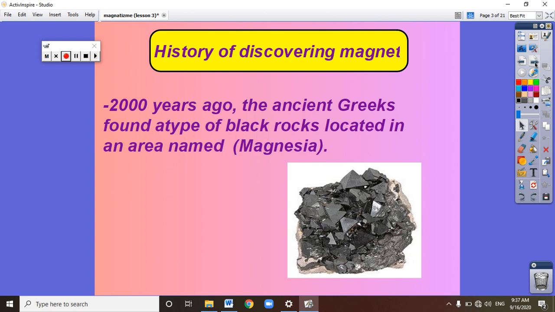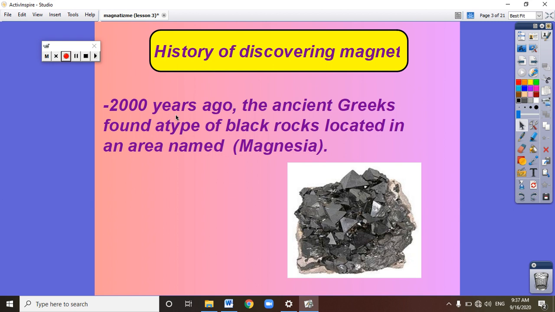From 2000 years ago, the ancient Greeks found a type of rock. This type of rock attracts any metals. They found this rock in a place called Magnesia. So they named this rock magnet.